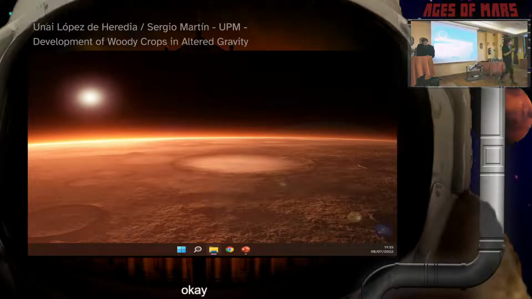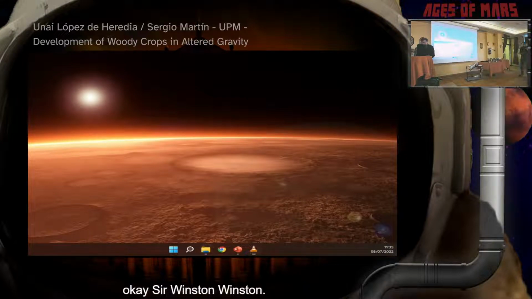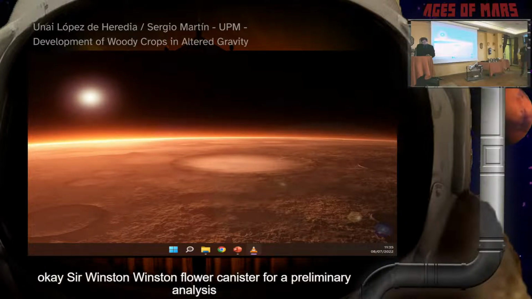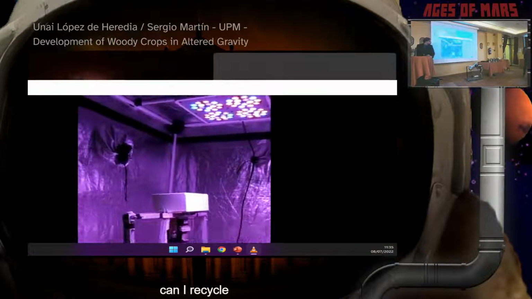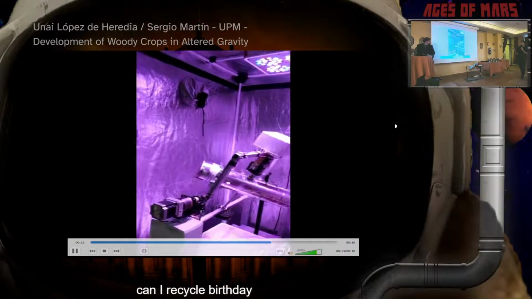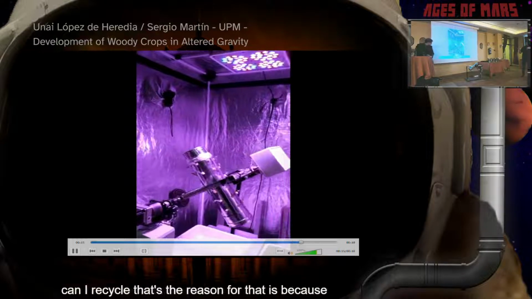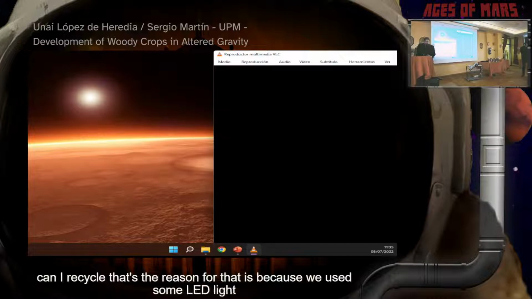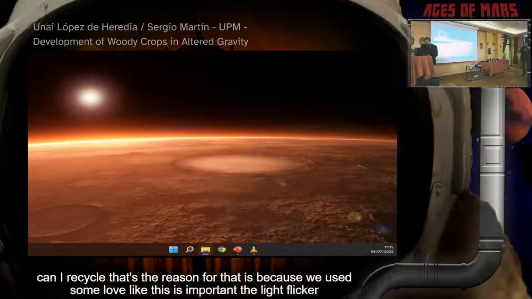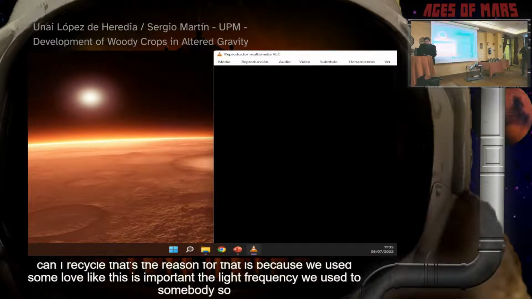Okay, so we installed our clinostat for the preliminary analysis in a growth chamber. This was an indoor growth chamber, very similar to the growth chambers that people use to produce cannabis at home. The reason for that is that we used some LED lights. This is important, the light frequency we used. It's a very short video, sorry.